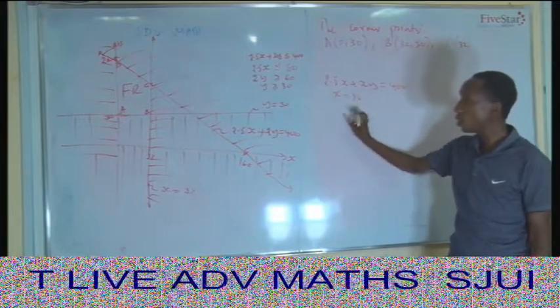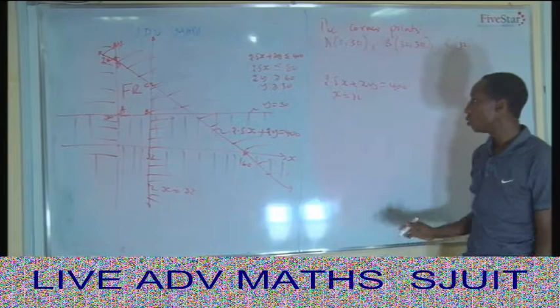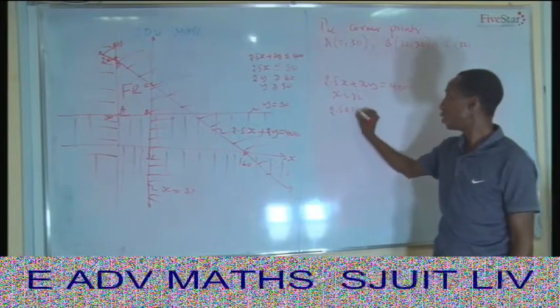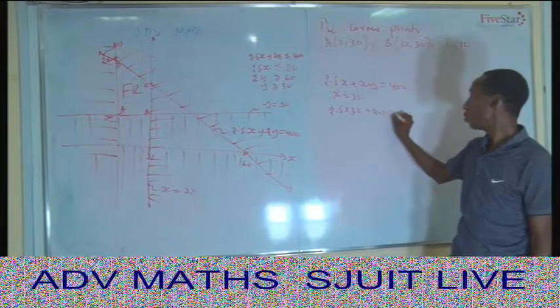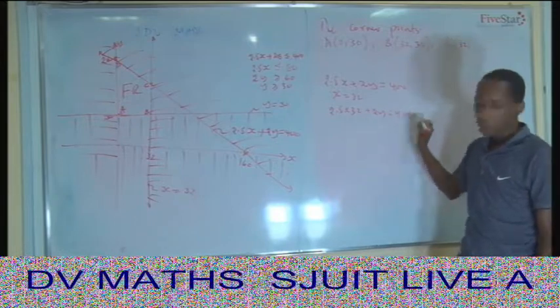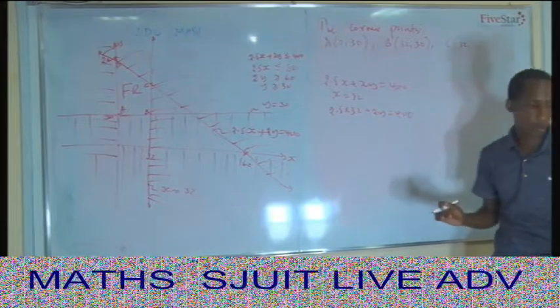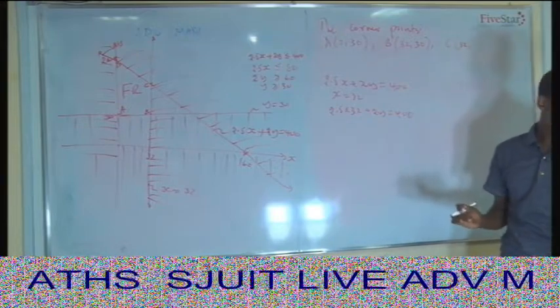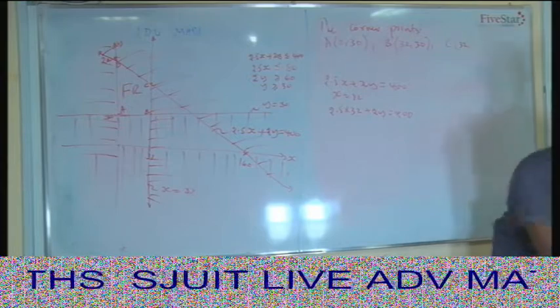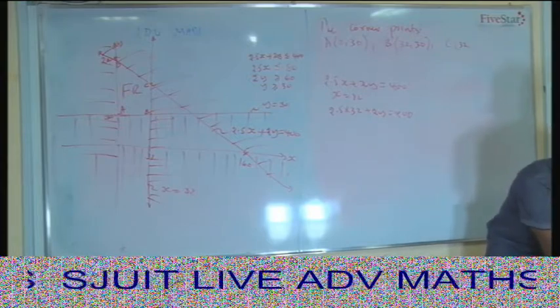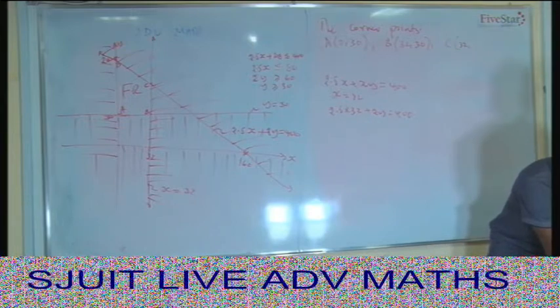If we know the value of x, we can make a direct substitution. That is 2.5 times 32, plus 2y equals 400. So taking 2.5 times 32, I can just use my calculator here. I have 2.5 times 32.